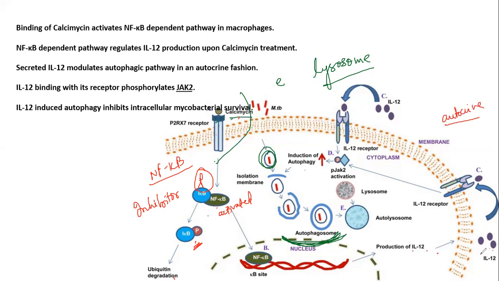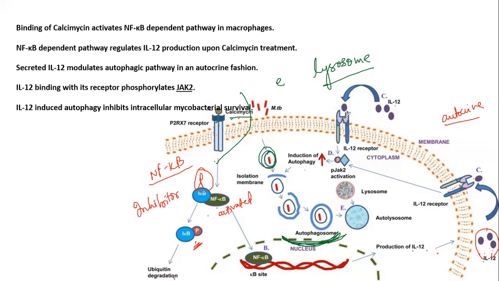The interleukins that are produced will be released outside. Since it is autocrine, this interleukin 12 will go and bind to its receptor, the self receptor. Is this much clear? See, same thing. Interleukin comes and binds to the receptor. Interleukin 12 comes and binds to its receptor.